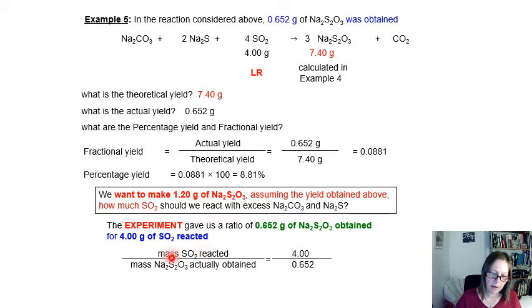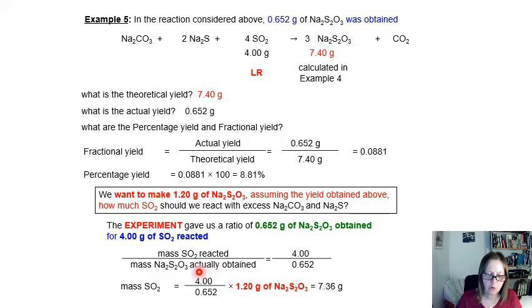So we can write this ratio, the mass of sulfur dioxide reacted over the mass of sodium thiosulfate actually obtained is 4 over 0.652. Now, if we want more sodium thiosulfate, we can rearrange this ratio: 4 over 0.652 times 1.20 grams of sodium thiosulfate.